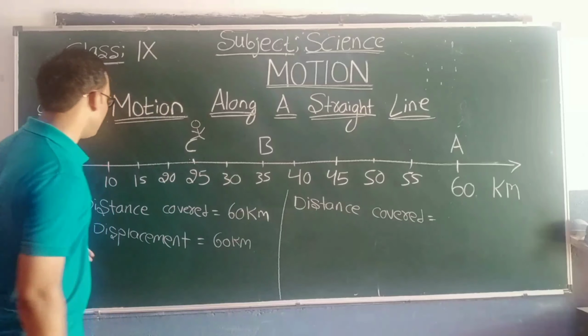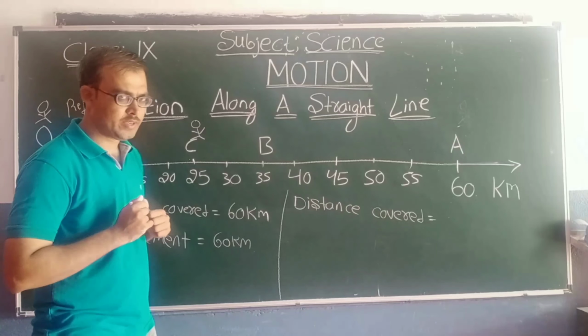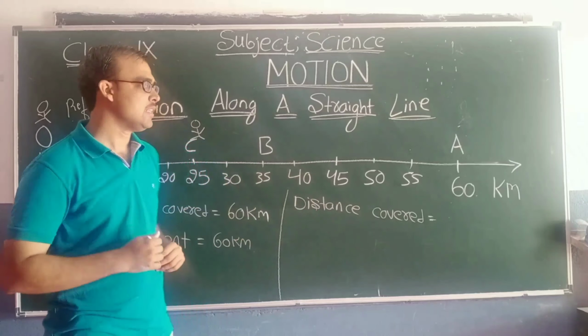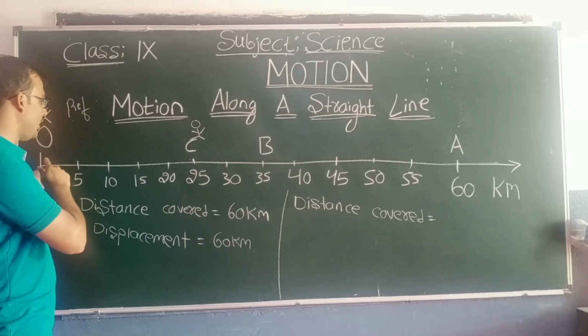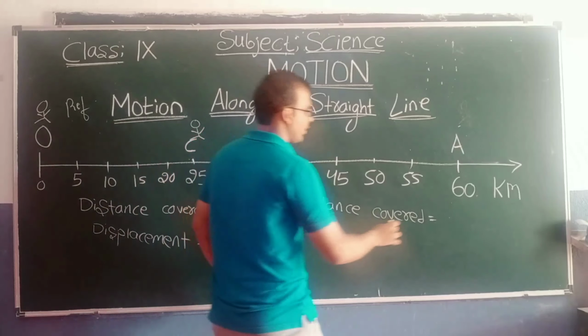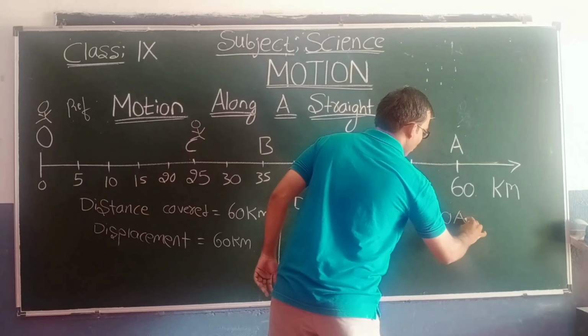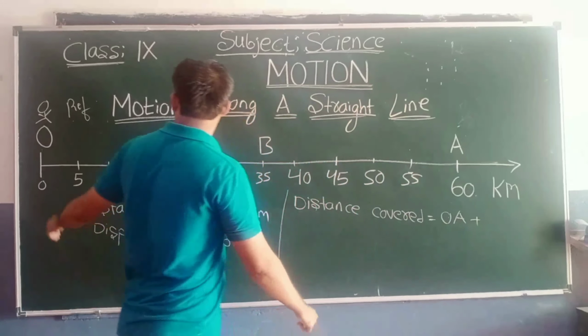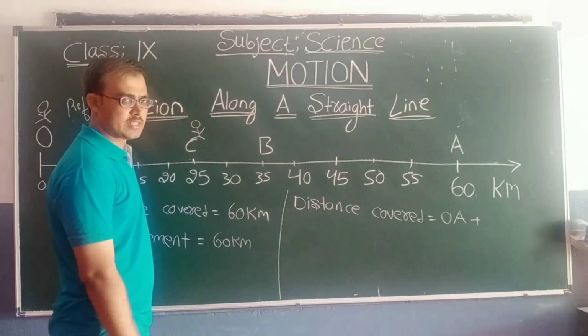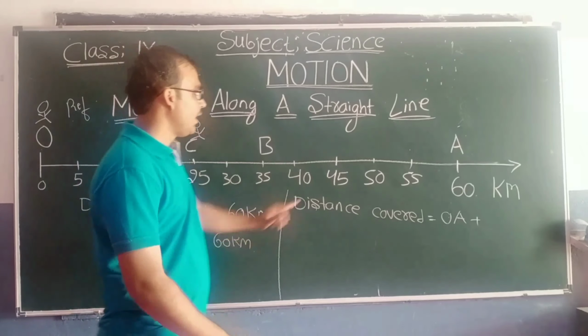Look now. First we are calculating how much distance he has covered in the second case. Here he has come from O to A. That is, first he has covered a distance of OA.